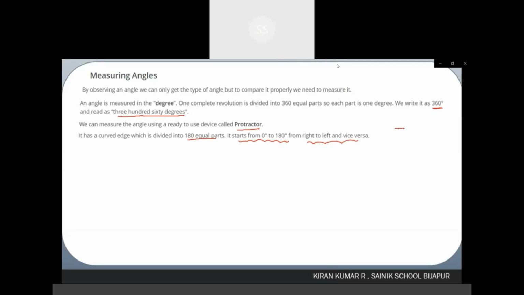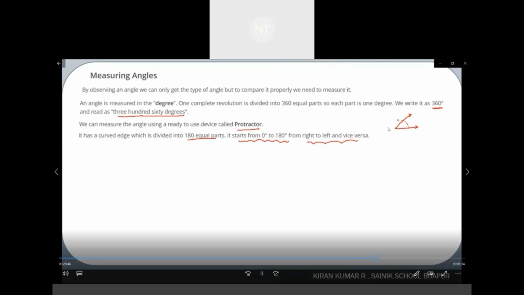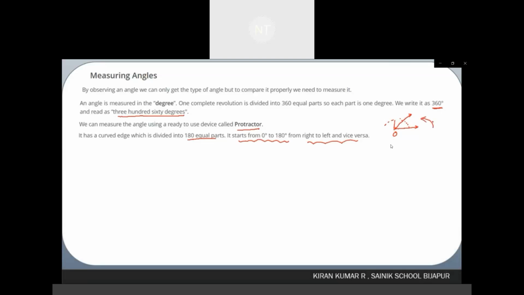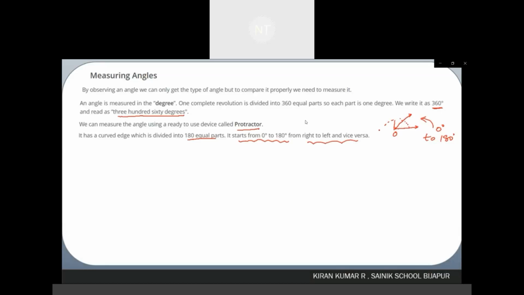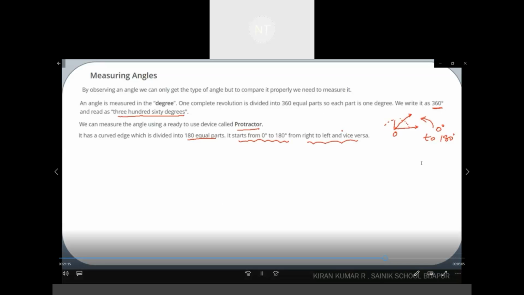Suppose you have an angle here, it is measured by keeping the protractor at this point where 0 is, and we measure in this anti-clockwise direction, from 0 to 180 degrees. If you want to measure this angle, this side, we start from 0 degrees from left to right. So it is mentioned as vice versa here.